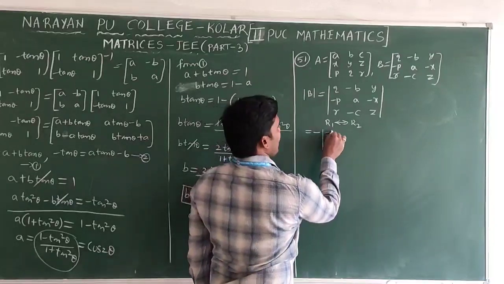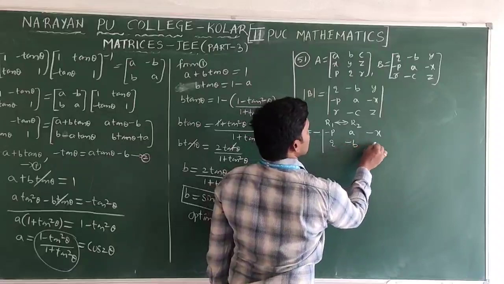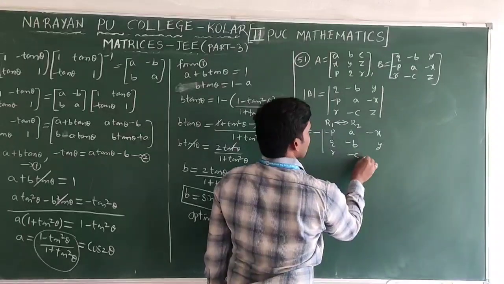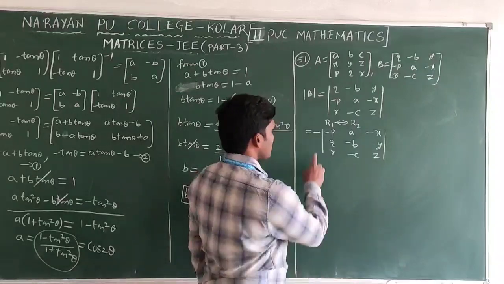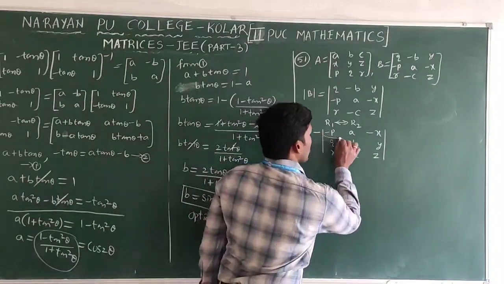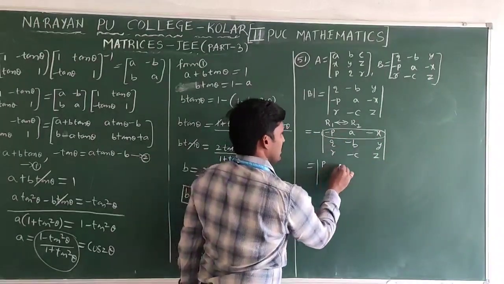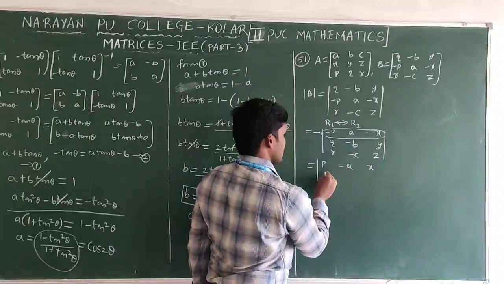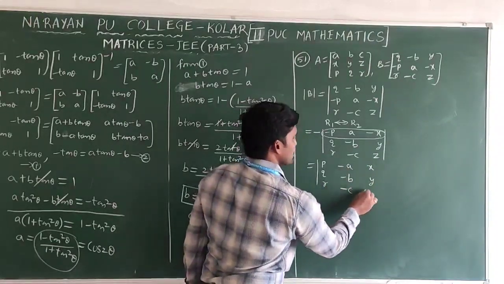So what will we get here? Minus P, A minus X, Q minus B, Y, R minus C, Z. Now this minus multiplies row 1. If you multiply along row 1, what you will get? This minus P minus A plus X, Q minus B, Y, R minus C, Z.